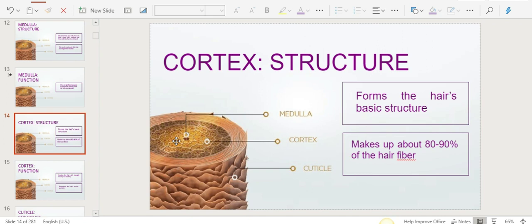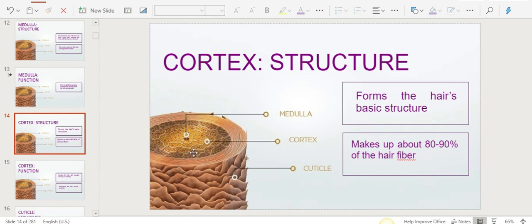But the cortex forms our hair's basic structure, meaning if we're going to have thick hair, fine hair, and whatnot. And the reason for that is because the cortex makes up about 80 to 90% of the hair fiber. As you can see, the cortex goes from here to here pretty much. The cortex is so large.